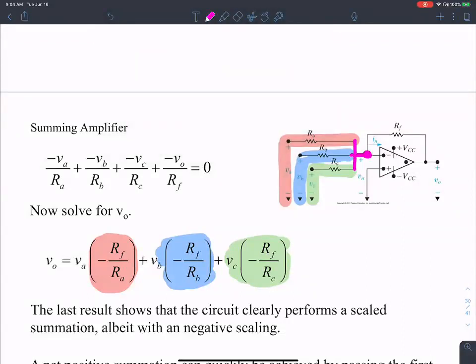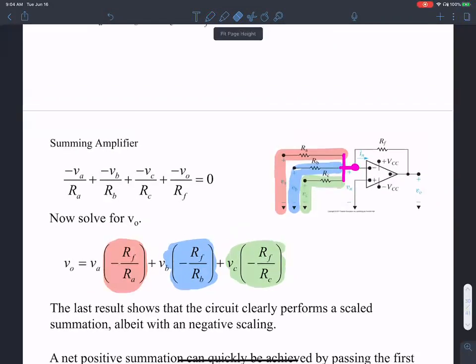Corresponding to that, we will see that it's an inverting amplifier configuration. We'll do this by hand. But before we do that, I just wanted to give you an intuition of the summing amplifier configuration.